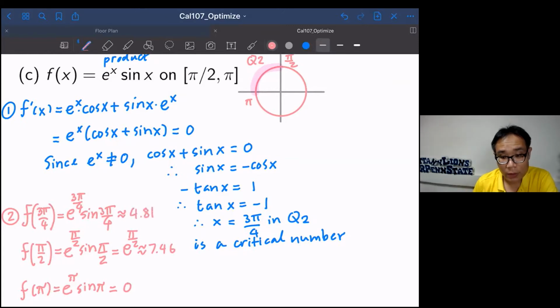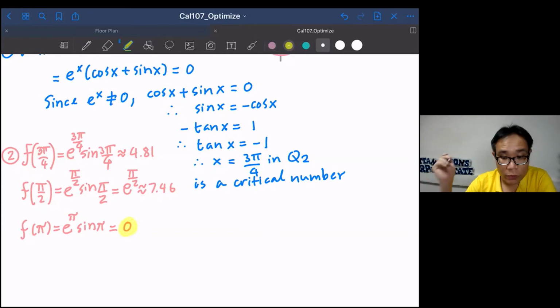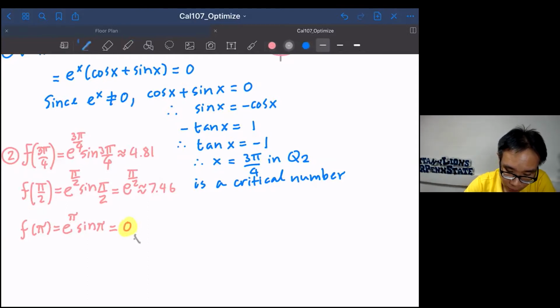Okay. And for this one it is about 4.81. Okay, so in this case, you're going to see that the smallest one happens at the endpoint. Okay, so it's going to be the absolute minimum value. And you're going to get the absolute maximum value. It's going to be 7.46 here. So this will be the absolute maximum value.